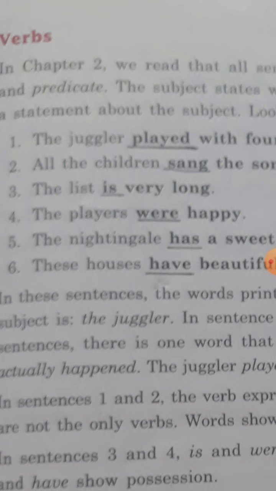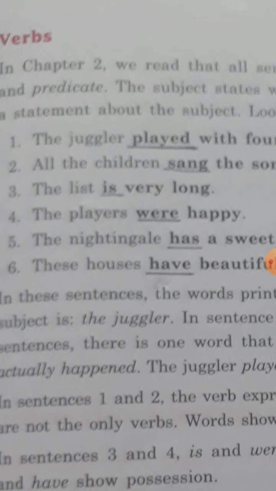It is considered to be a complement. What is a complement? That which says something more about the noun or the pronoun preceding it, coming before it. So, the list is equal to very long. So, very long is a complement.